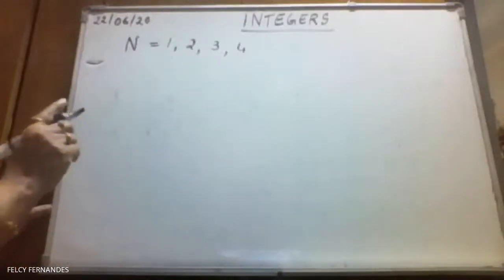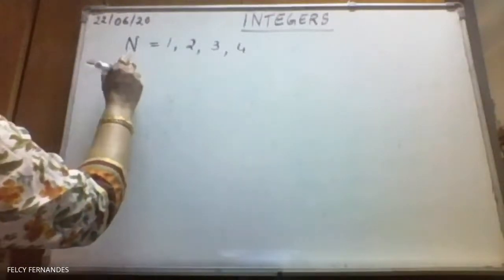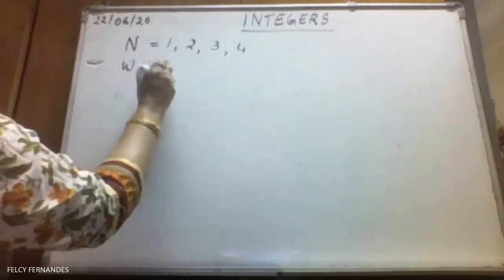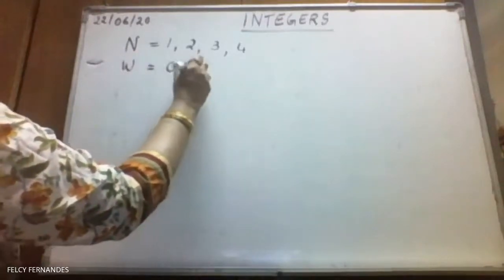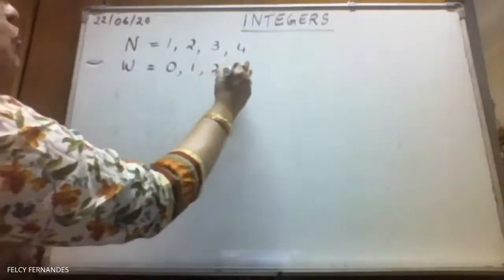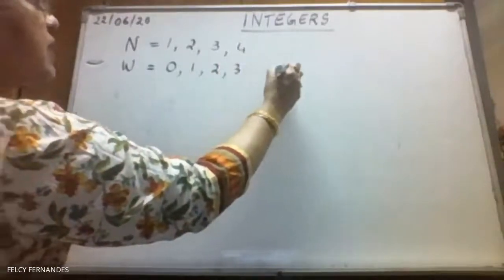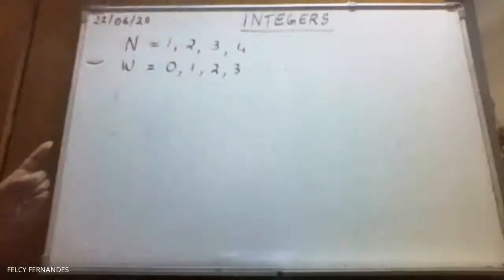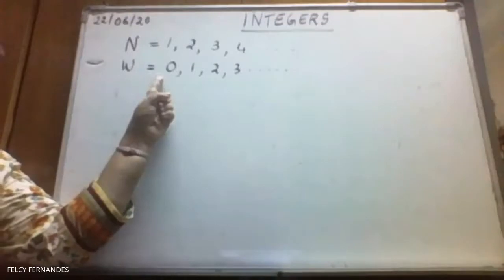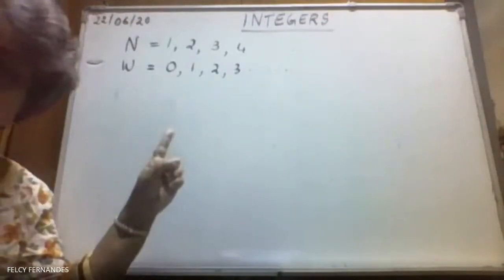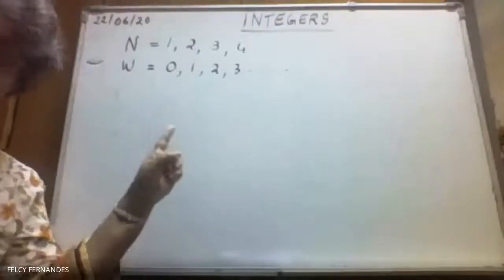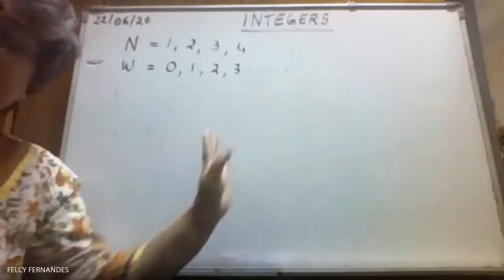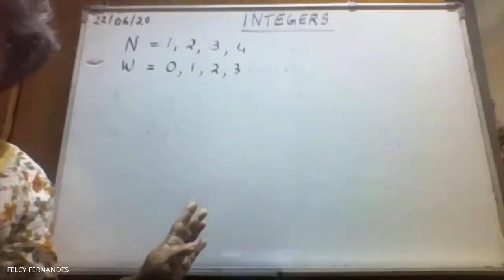It goes on. In the same way, in the chapter on whole numbers, we started with 0 and continued with the natural numbers. Here also the smallest whole number is 0, and there is no greatest whole number.